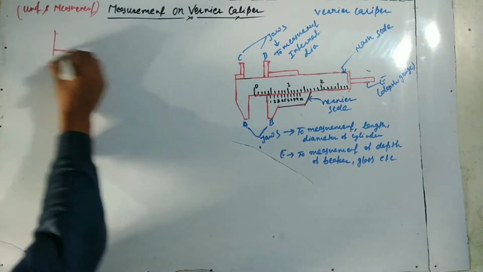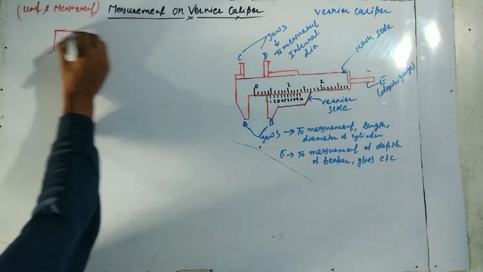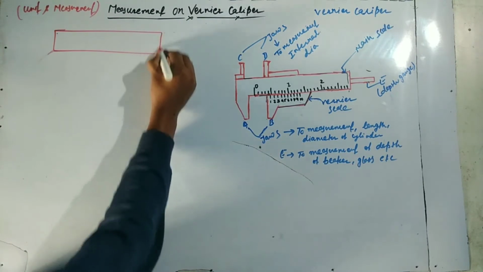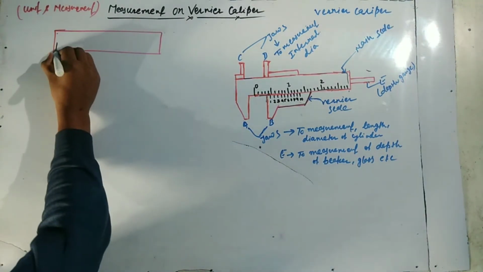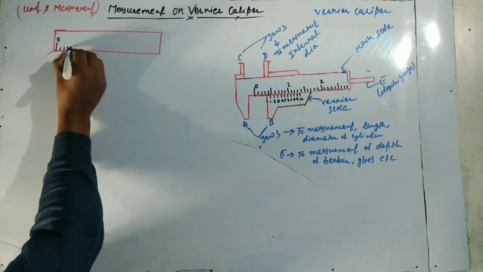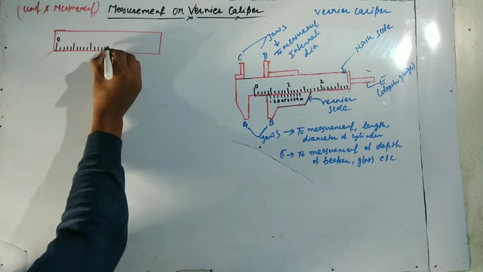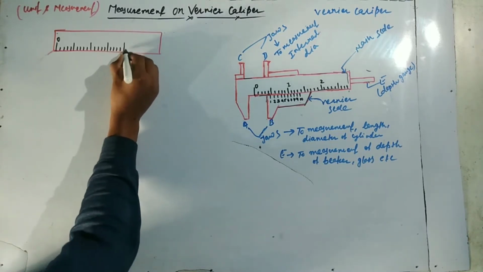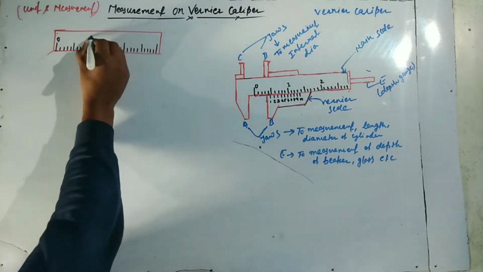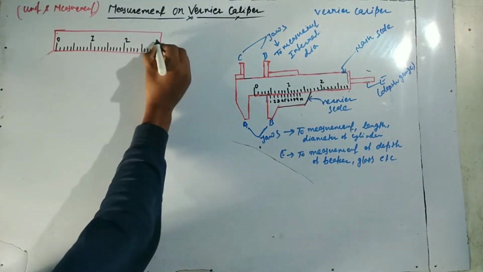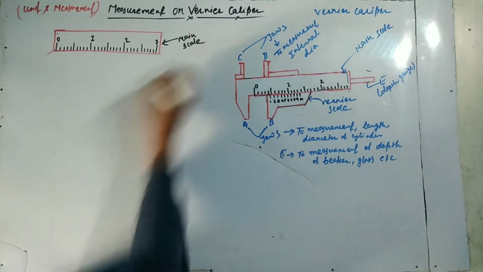In the Vernier caliper, how will we measure? We will discuss that. For this, we draw a main scale and one Vernier scale. This is the main scale and its marking is in cm: 1 cm, 2 cm, 3 cm, like that, and it is called the main scale.